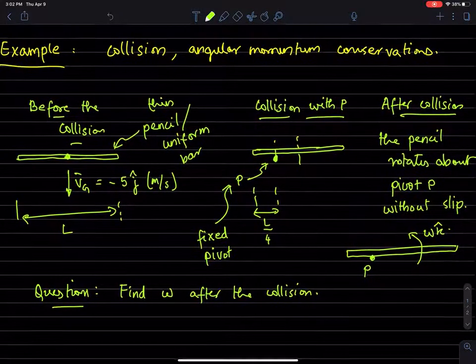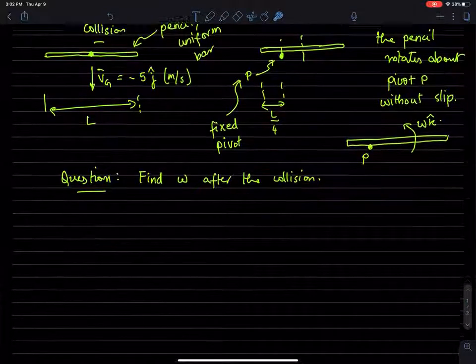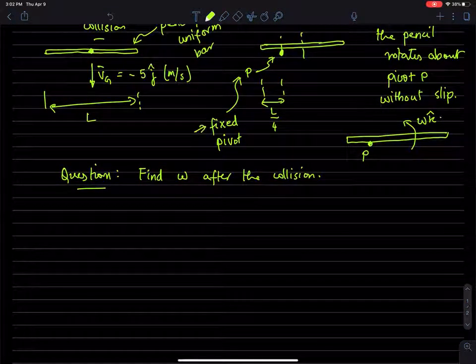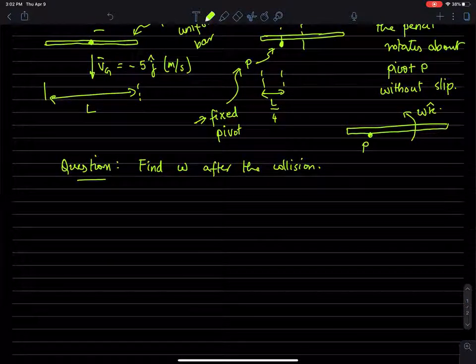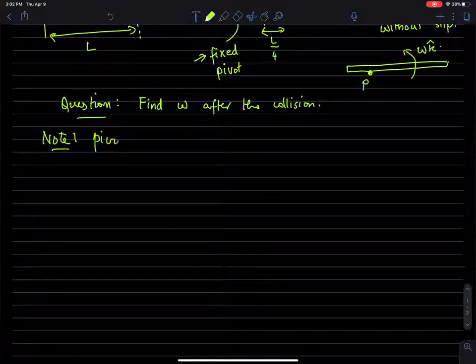So what principles can we use? Can we use linear momentum? Can we use angular momentum? So what we are saying is the fixed pivot, note, pivot P is fixed and cannot move.